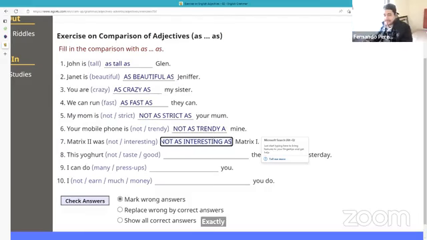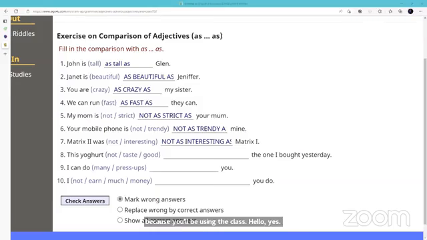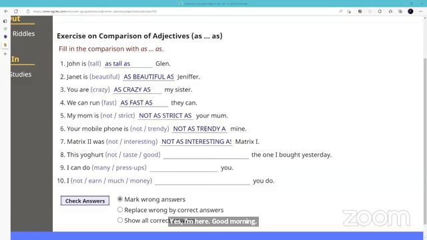Good. All right. Just a second because Jessie is in the class. Hello, Jessie. Hi, good morning. Thank you. Morning, girl. So, is Connie here? Yes, I'm here. Good morning. Good morning, Connie. Thank you. Absent. All right.